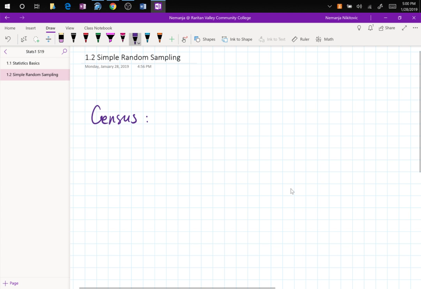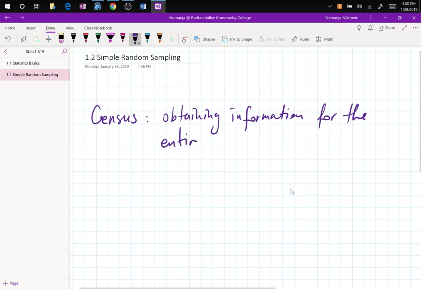Obtaining information for the entire population. So that would be census.